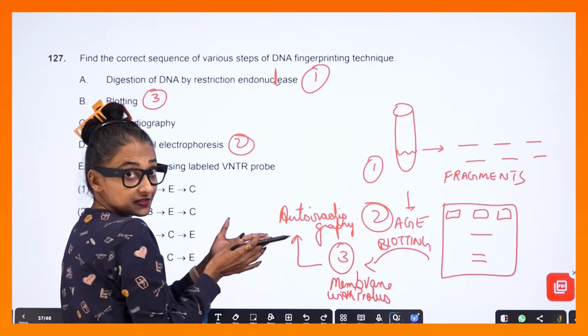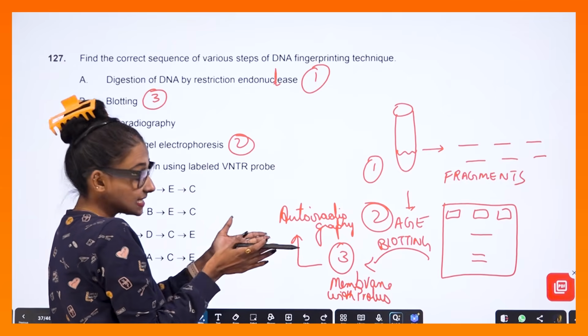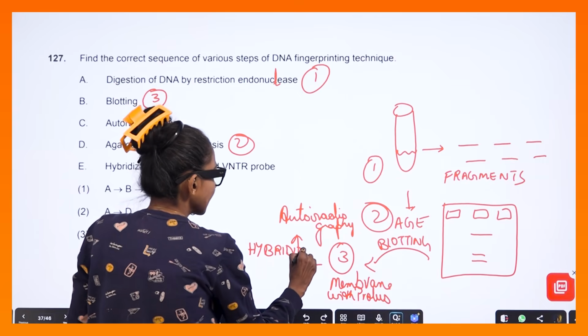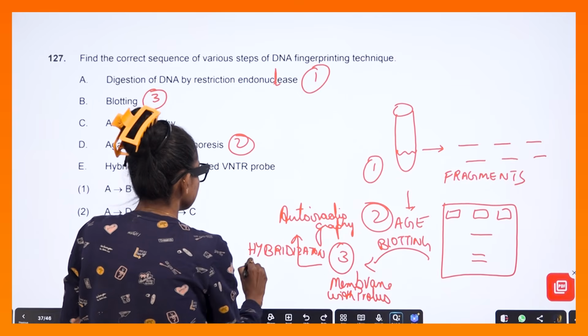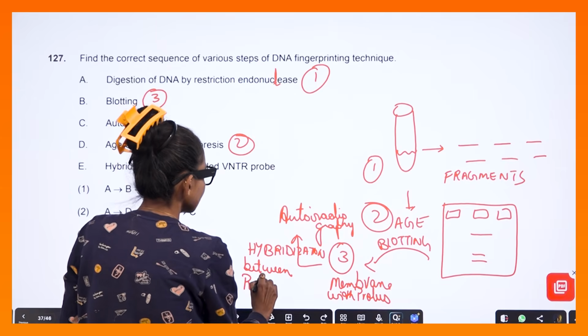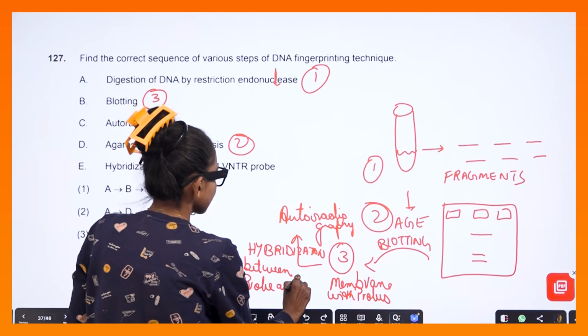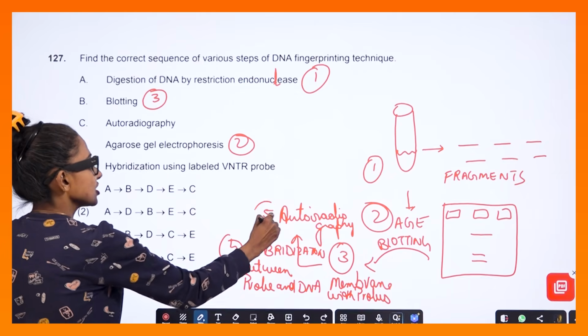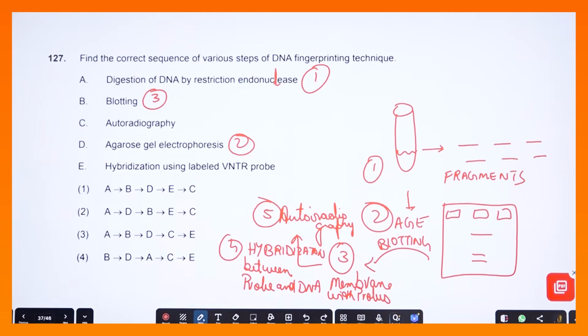I was saying that if the probe and the DNA complement, so hybridization between probe and DNA. So that's going to be fourth here, and then just change the numbering, make it 5.